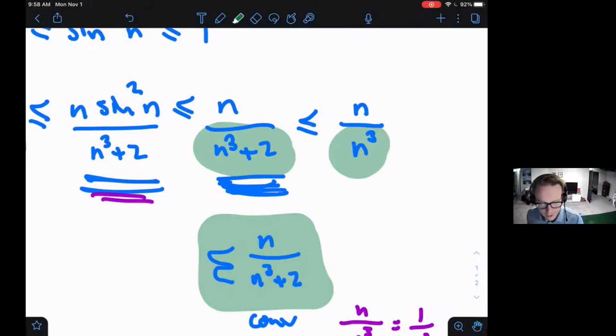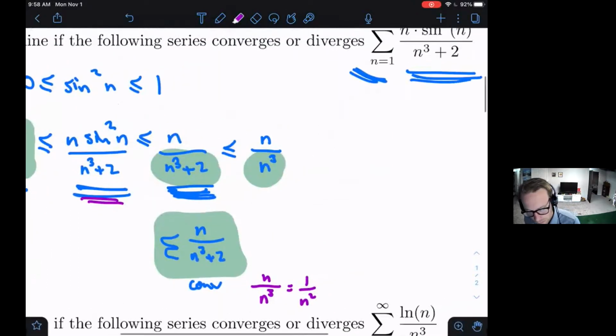And so if you want to set this up in all of its formality, you would say we have n cubed is going to be less than or equal to n cubed plus 2, right? By adding 2, we're actually going to get something larger. And so therefore, when you take the reciprocals of these things, remember you need to flip the inequality or flip the sides here.